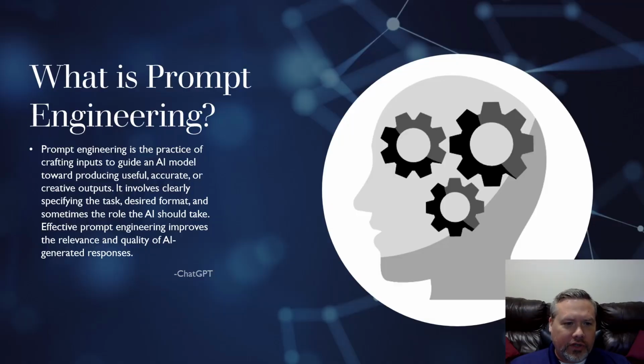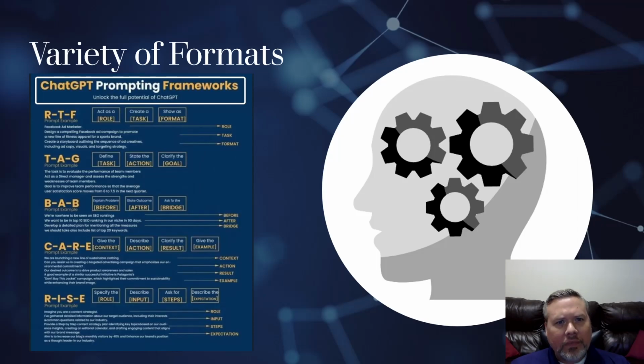And then it gets into things like the role that AI should take. It improves the relevance and quality of AI generated responses. And so prompt engineering is kind of the art and or the science of asking ChatGPT and other large language models good questions. There are a variety of formats for this.